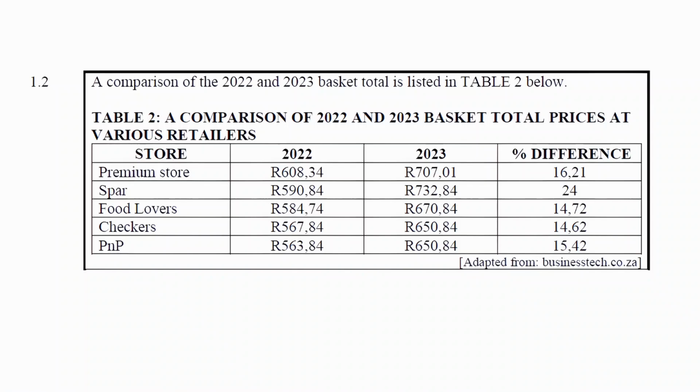Now, to find the median for the 2022 basket total prices, we first have to arrange these prices in ascending or descending order. By observation, we see that the data was already arranged in descending order, and we can see now that the middle value that separates the higher half from the lower half is R584.74. This is then the median for this list of prices.